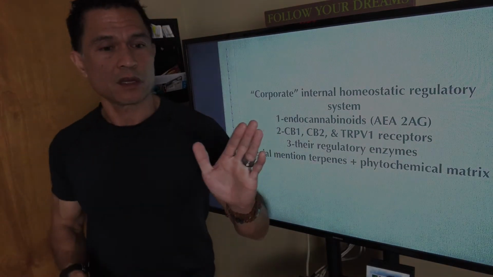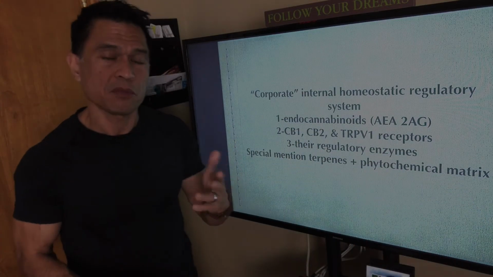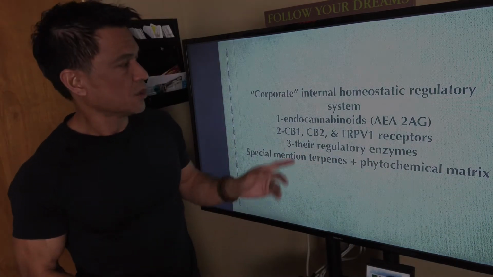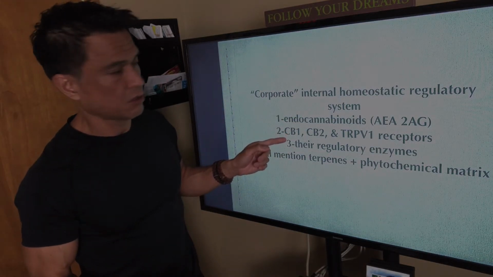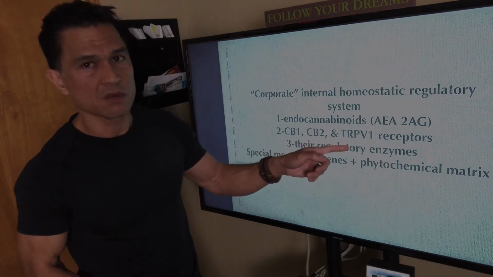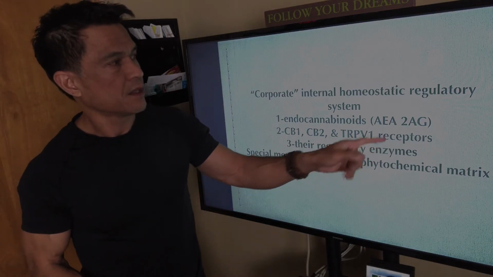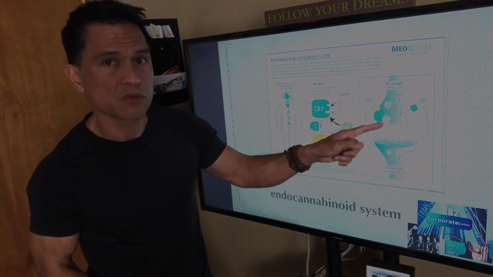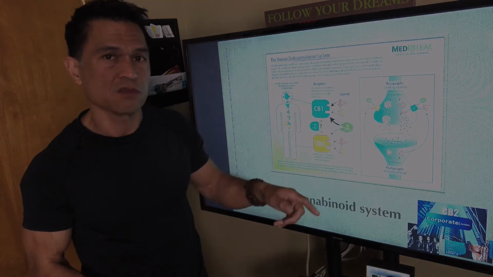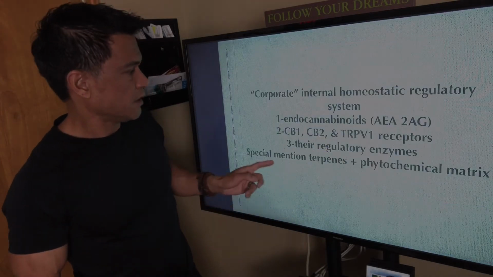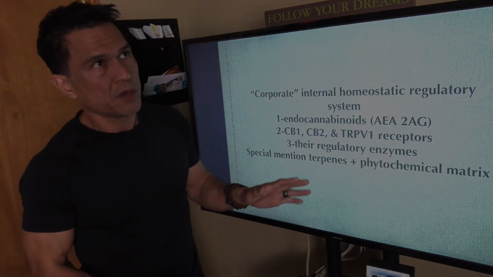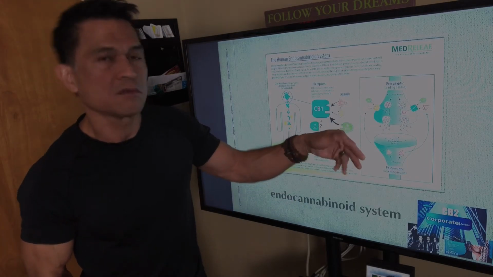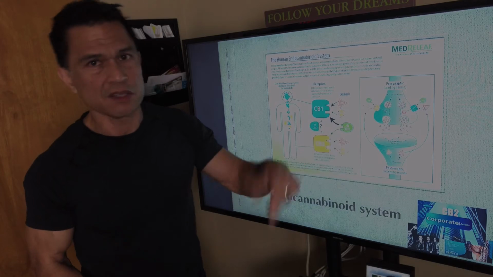So it's not that we are built for the plant, we make our own and the plant happens to be there. So the other part of the endocannabinoid system is those things called receptors, CB1, CB2, and TRPV1. Those are the little nerve ending receptors that stimulate the transference of the electric current. And then finally you'll have regulatory enzymes that control and play a part of how these get released, how these get degraded, how these reset.